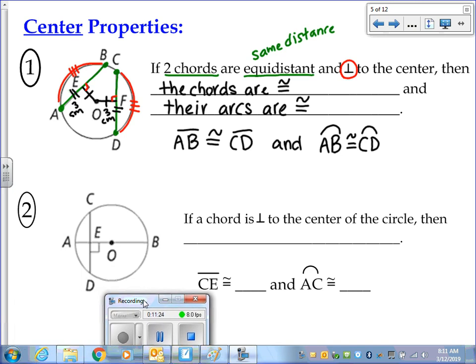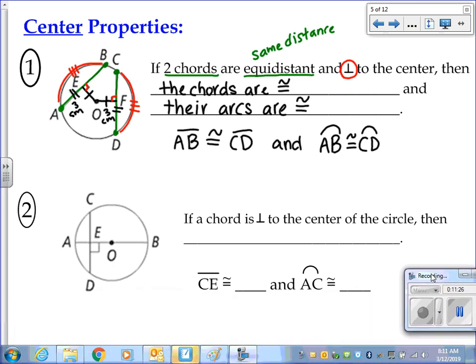Okay, so let's talk about something a little bit different. So this says, let's say you have a chord. So here I have a chord, CD, and it's just perpendicular to the center of the circle. So notice how it makes a little right angle with this segment that's going to the center of the circle.